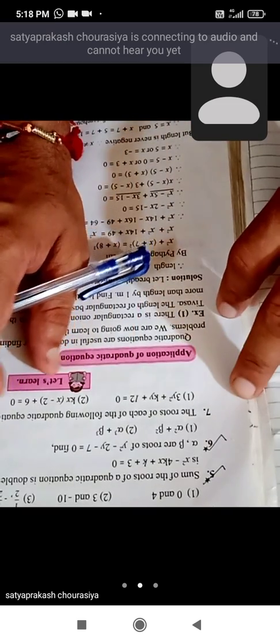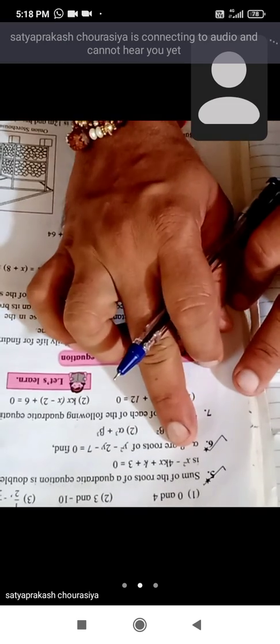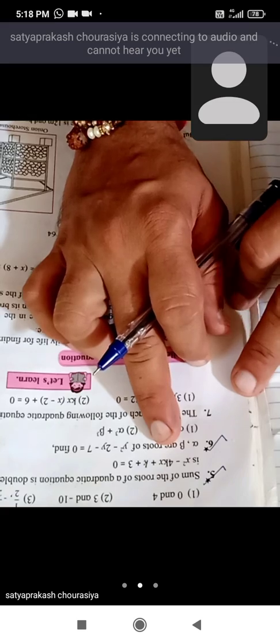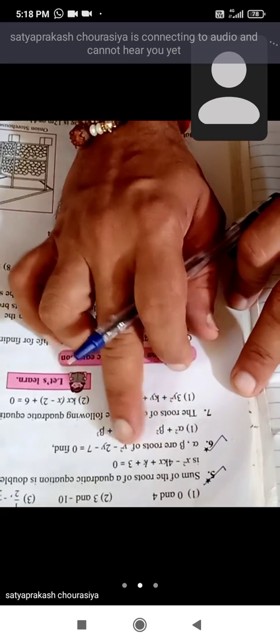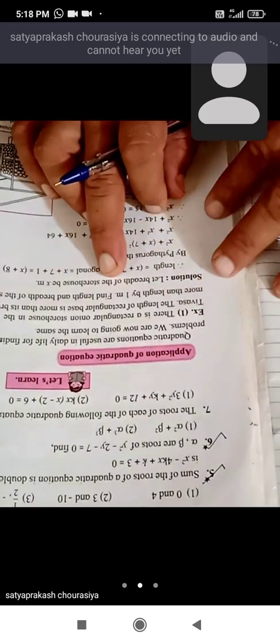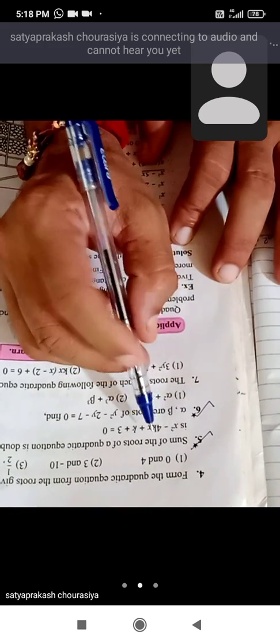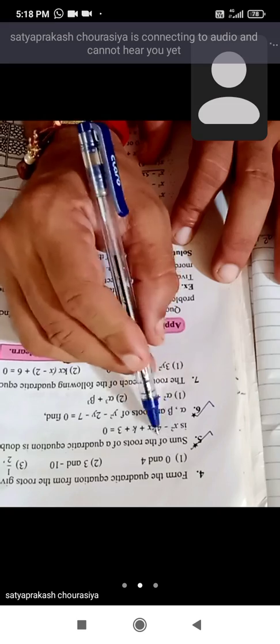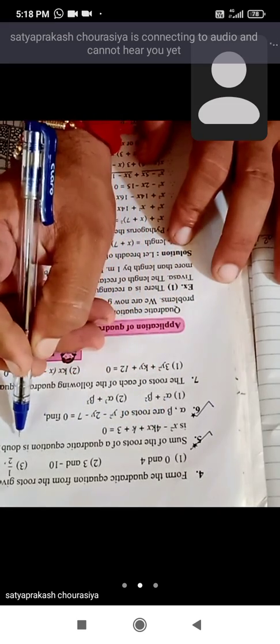Find the k if the equation is x square minus 4kx plus k plus 3 is equal to 0. Okay, now see the question. Sum of the roots of the quadratic equation is double their product. Sum of the roots means alpha plus beta value is double the product.